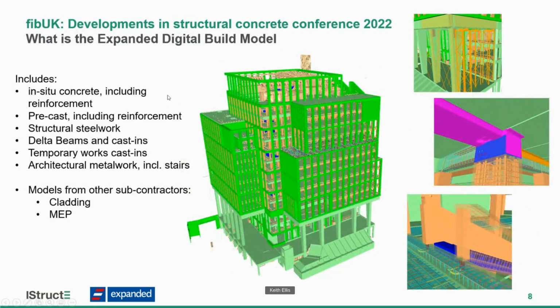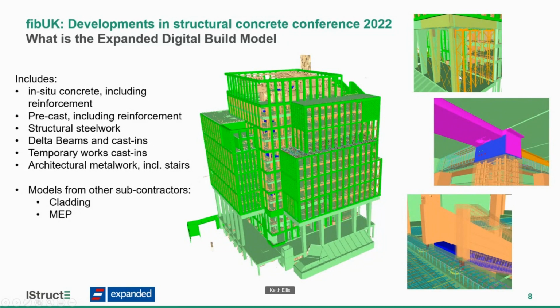So what is a digital build model? It basically includes all in situ concrete, including reinforcement, all the precast elements, structural steelwork, delta beams, temporary works, architectural metalwork, basically anything we're bringing to site, and we model. You can see at the top here, along the waterfront, there were some composite concrete beams with some heavy steelwork in.